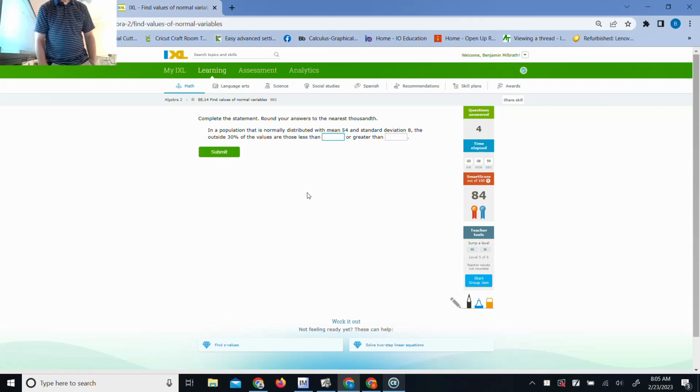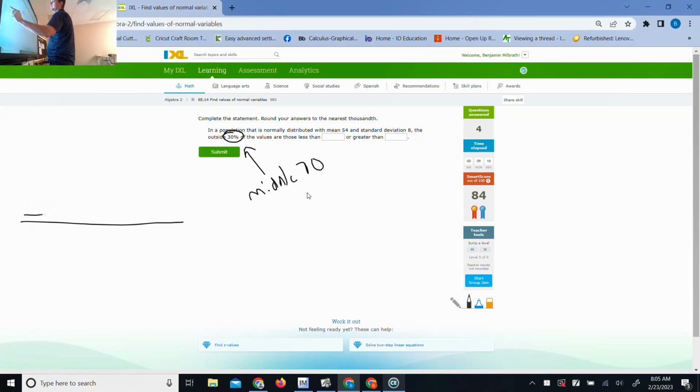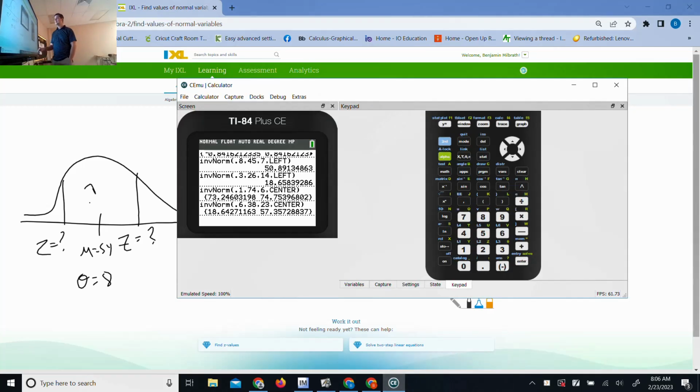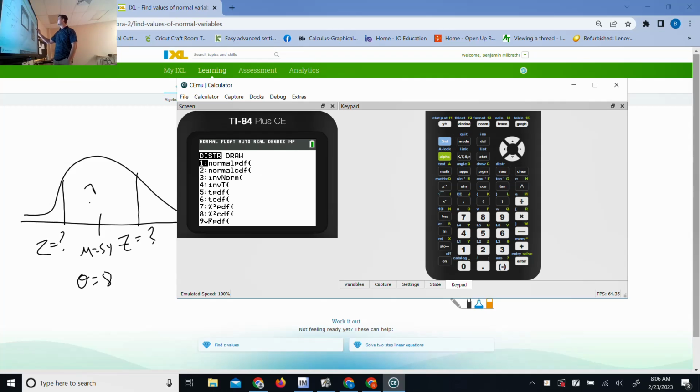Here's another one of these, the outside 30. If you're talking about the outside 30, you may as well be talking about the middle 70. Mean was 54. Standard deviation is 8. Back to second vars, inverse norm.